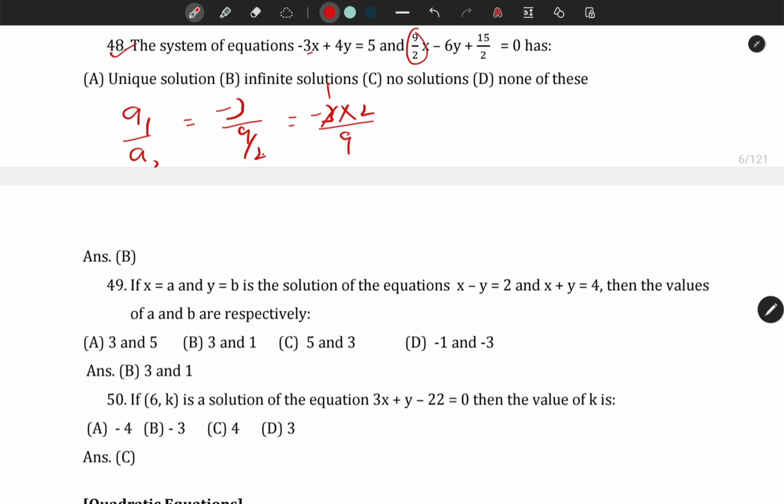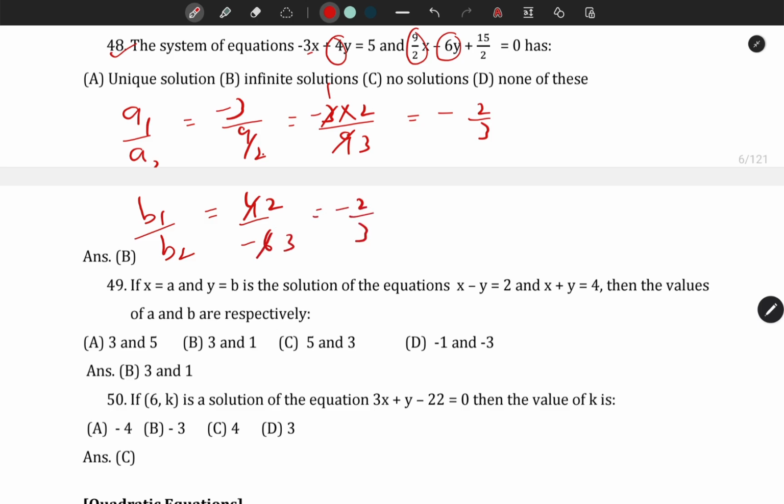If we cancel, you'll get 3 ones are 3, 3 threes are 9, so we're getting minus 2 by 3. And let's see b1 by b2. b1 is 4 and b2 is minus 6. So 4 divided by minus 6, if we cancel, you'll get minus 2 by 3.